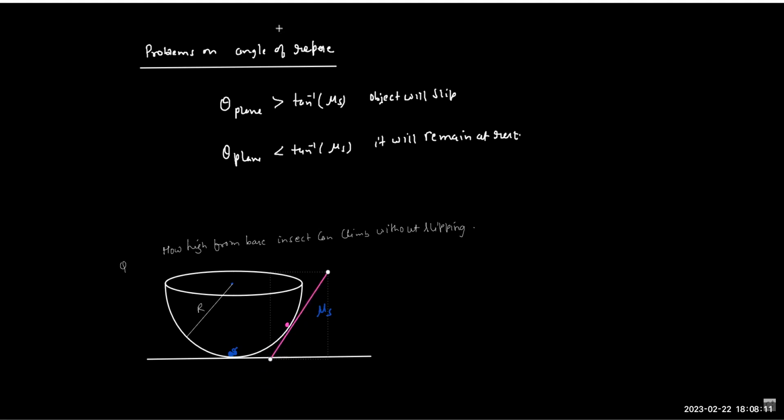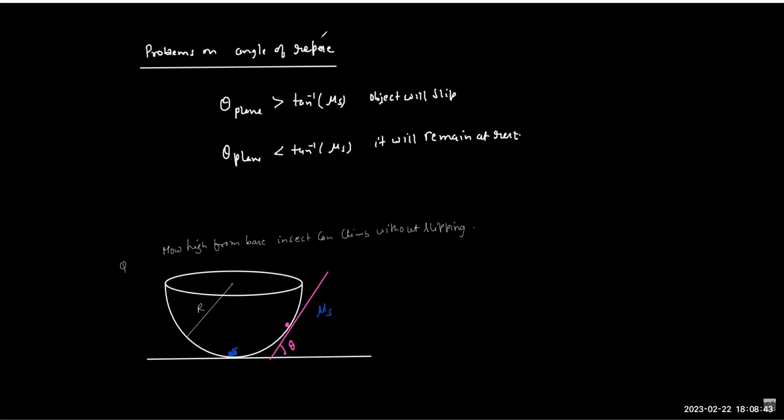If you draw a tangent, then you can see that this is the inclination. As long as this theta is less than tan inverse mu s, it will remain at rest. It will not slip. It will climb easily. So the maximum height depends on the maximum angle, right? Because as height grows, theta will increase.